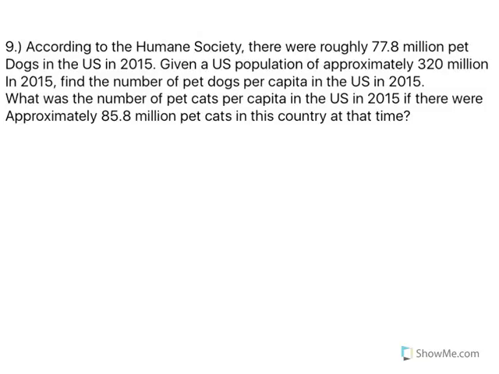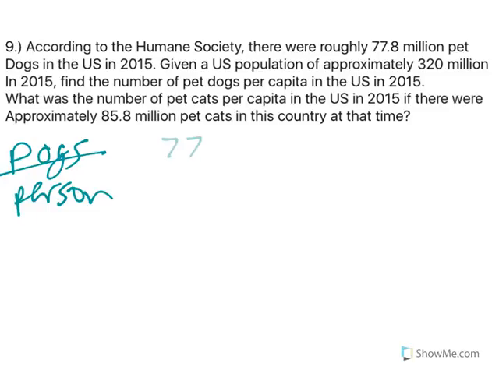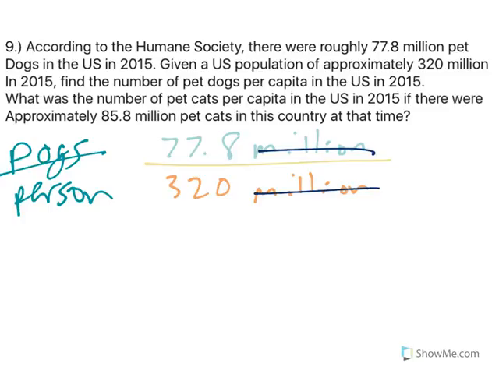Number 9, last one. According to the Humane Society, there were roughly 77.8 million pet dogs in the U.S. in 2015. U.S. population of approximately 320 million, find the number of pet dogs per capita. So we are finding dogs per person. Well, we know there were 77.8 million dogs, and there were 320 million people. Now you'll notice these are both millions, so they cancel out.